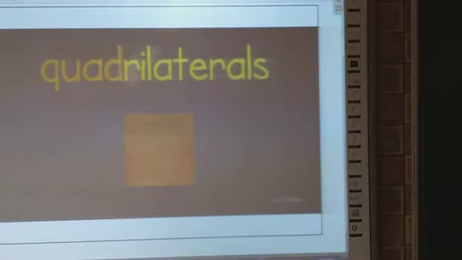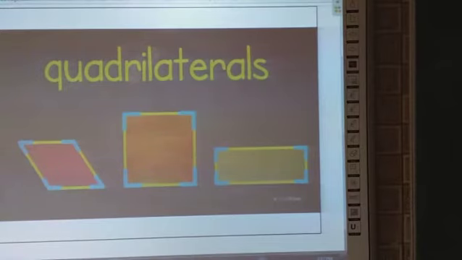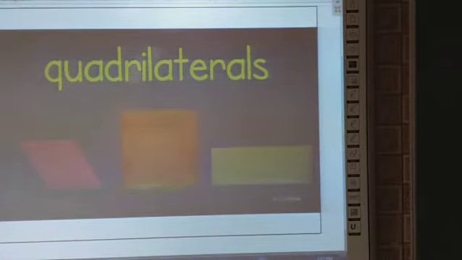Did you know that there is a family of shapes called quadrilaterals? Quad means 4, so this means the quadrilateral family is made up of all those shapes that have 4 sides and 4 corners. But each quadrilateral shape has small differences that make them unique from each other.